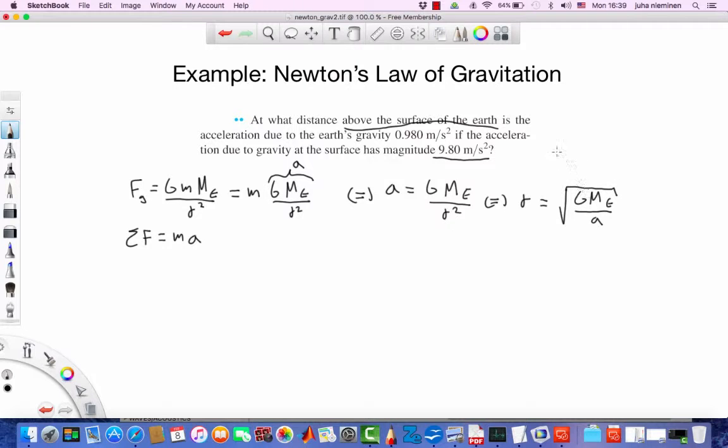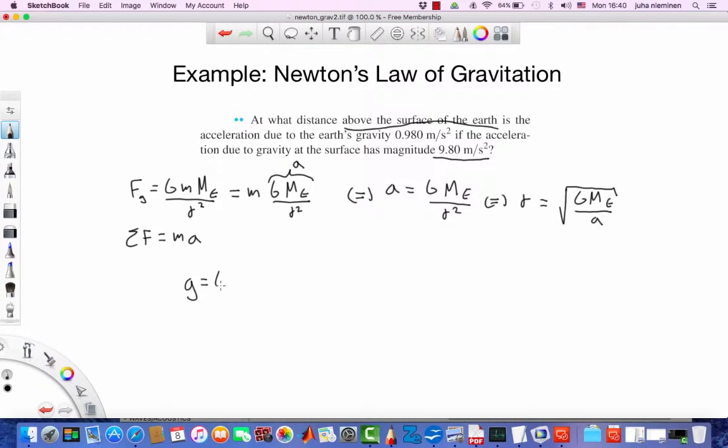Now, the problem is that we don't know the gravitational constant or the mass of the Earth. That is the setup of this problem. So we only have to rely on the piece of knowledge that it's 9.8 on the surface of the Earth. So in this case, the acceleration a, we know its value on the surface of the Earth. That's g.